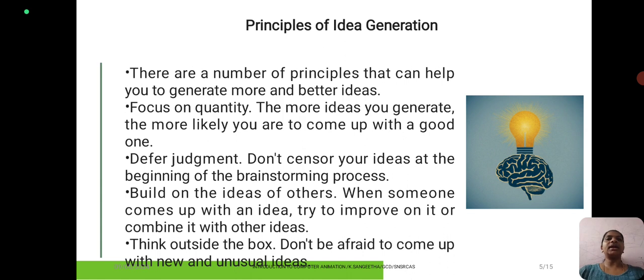Third, build on the ideas of others. When someone comes up with an idea, try to improve on it or combine it with other ideas. Fourth, think outside the box. Don't be afraid to come up with new and unusual ideas.